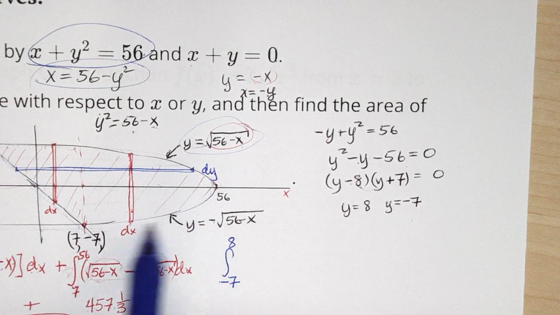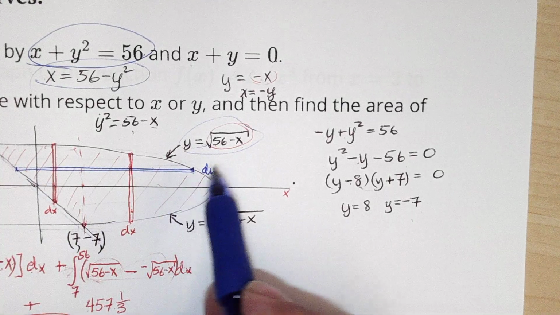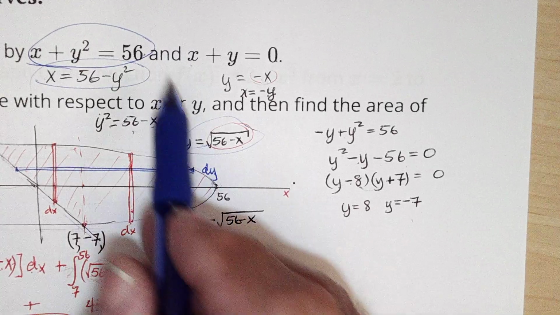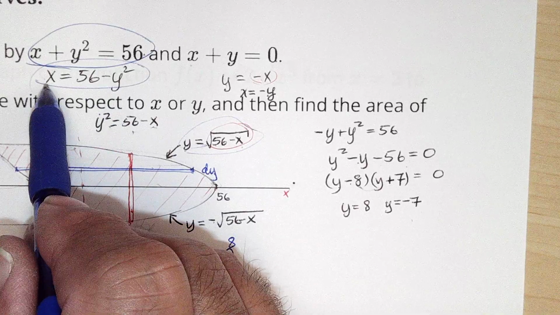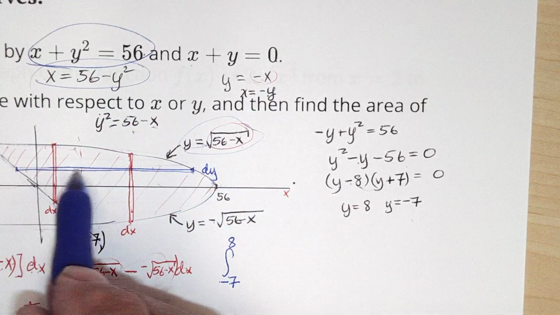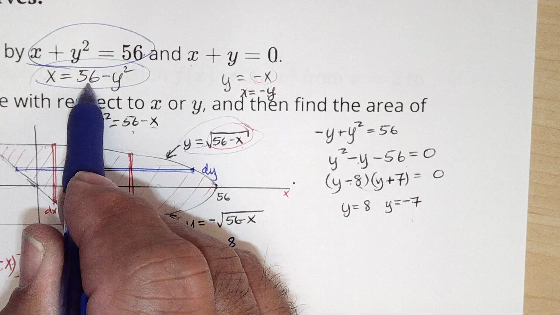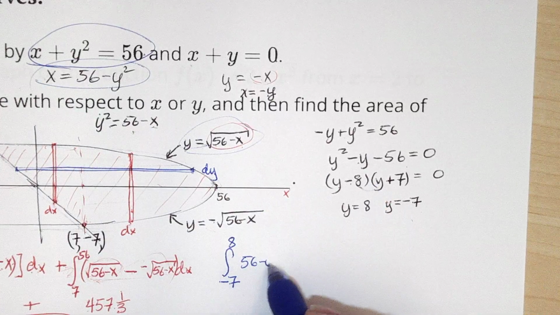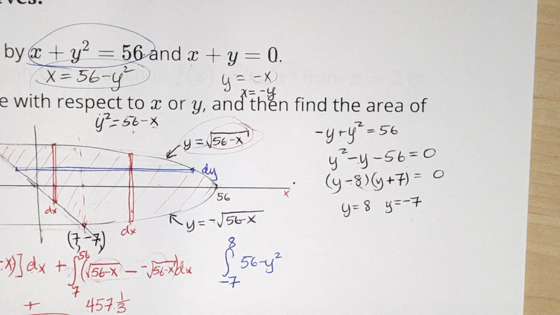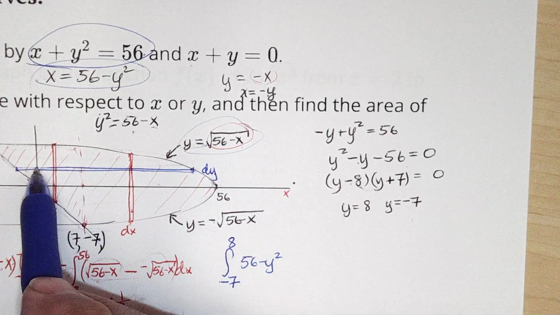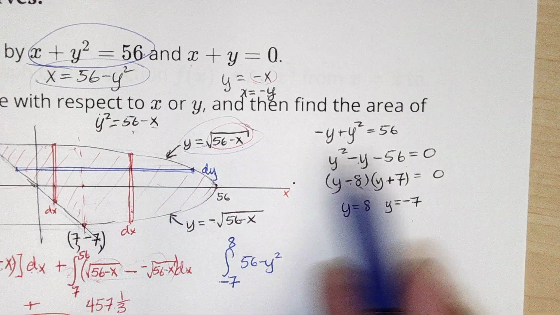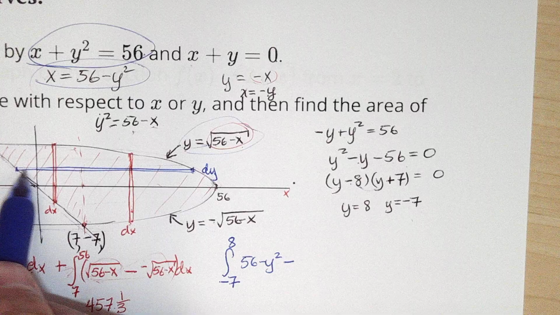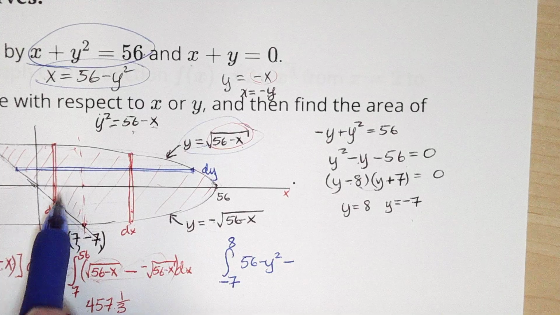The top curve is this. It has x and y coordinates. I'm doing dy, so I want it in terms of y. This is the x length, and x is equal to 56 minus y squared. That's how far it is from the y-axis up to here, and I have to subtract from it the height to this curve.